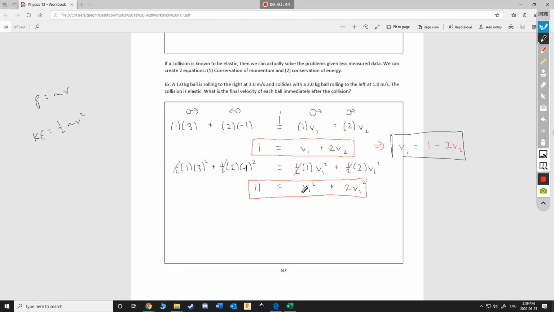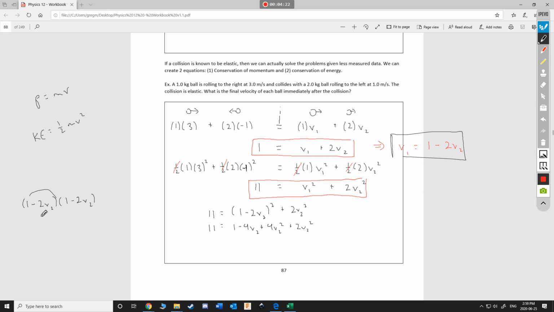So I'm going to take that and plug it into v1. So I end up with 11 is equal to, replacing v1 with 1 minus 2v2, squaring it, plus 2v2 squared. So now I have to expand that bracket. We get 1 minus 4v2 plus 4v2 squared plus 2v2 squared. If you don't remember, I did some foiling.